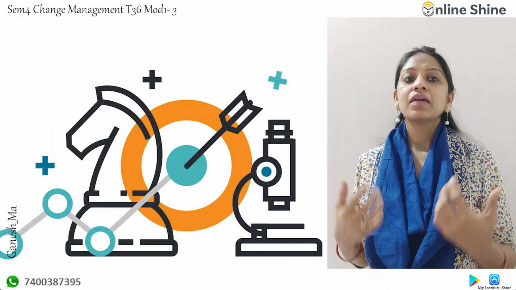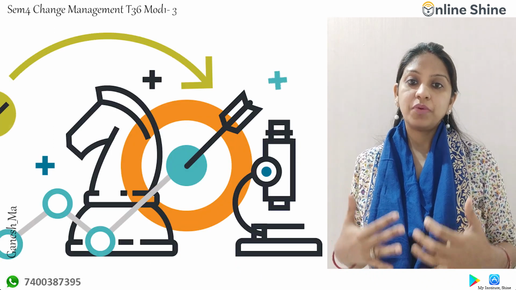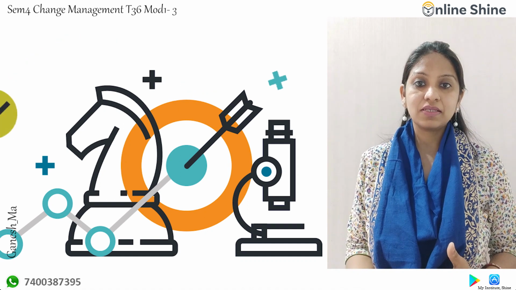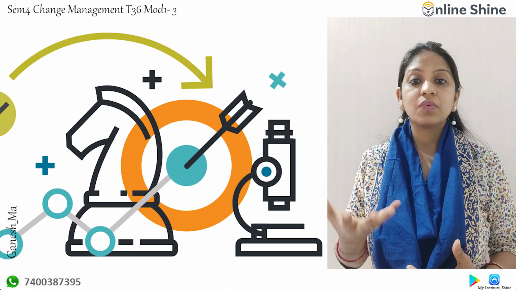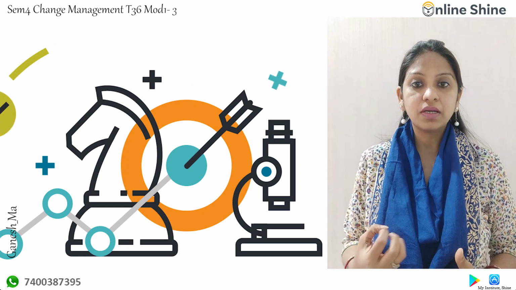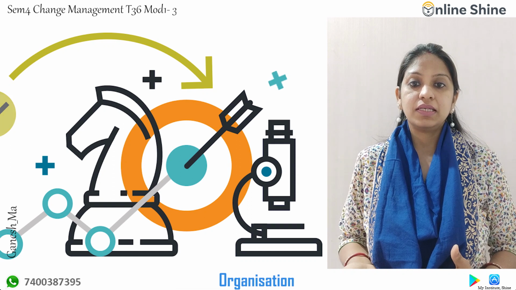Yes, there may be resistance to change, and to understand this change process, we have different models which we have already discussed. In conclusion, we'll see what these models tell us about the change process we should implement as an individual or as an organization.